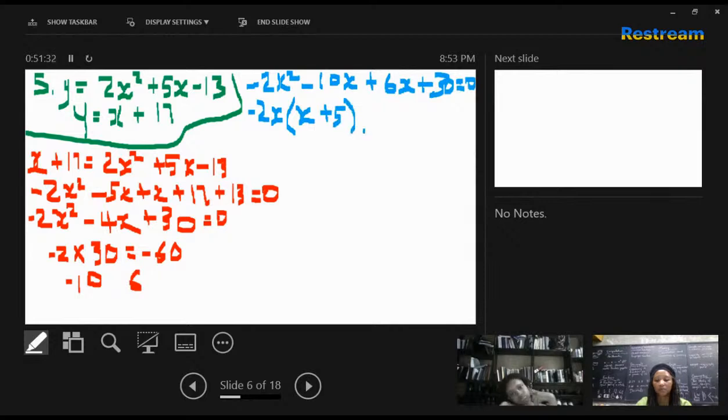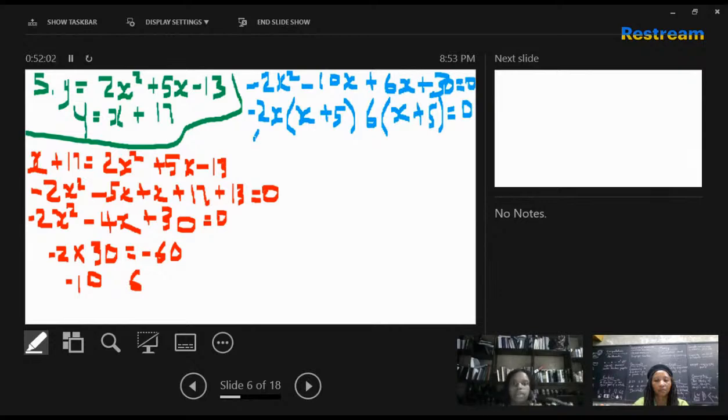For the second bracket, the common factor is positive 6. 6 into 6x is x, and 6 into positive 30 is positive 5. And now we are going to put equal 0.